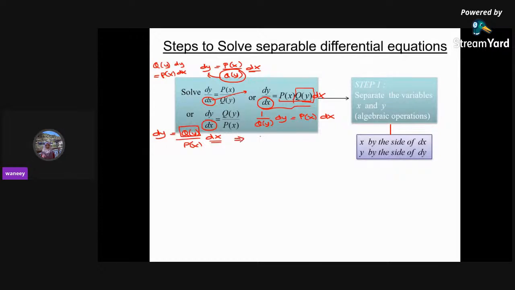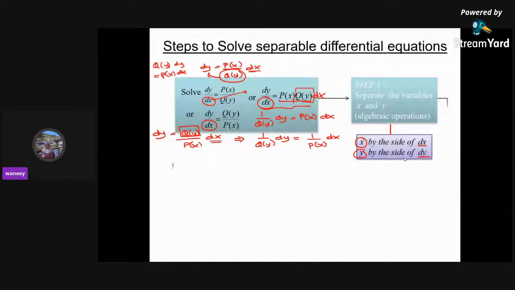Therefore, it will be something like 1 over qy dy equal to 1 over px dx. So always make sure that all the terms with x are beside dx, and all the y are beside dy. Dia kena sebelah-sebelah lah. Kalau dx dengan x, kalau dy dengan y.